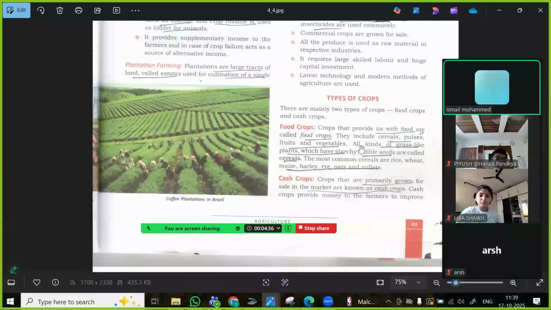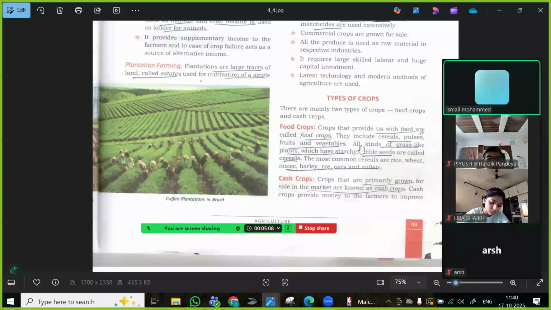Food crops are those we grow to provide ourselves food, such as pulses, fruits, vegetables, rice, wheat, jowar, bajra, all the foods that we eat.